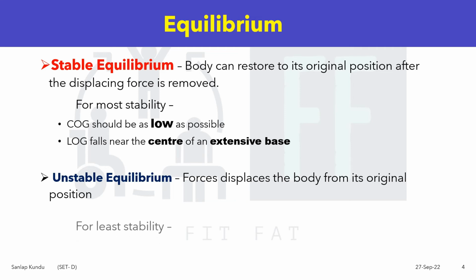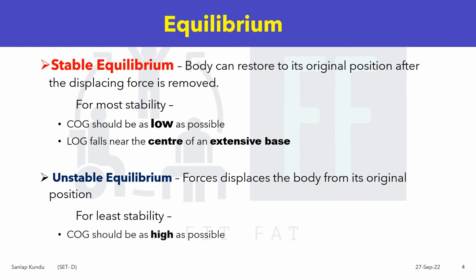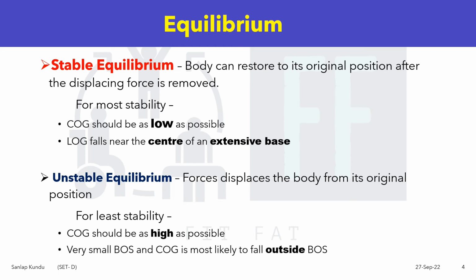And for unstable equilibrium, the force displaces the body from its original position. And for this to happen, again two things are followed. First is that the center of gravity should be as high as possible. For stable it is low, for unstable it is high. And the second thing is that the base of support should be very small, and the center of gravity is most likely to fall outside the base of support.